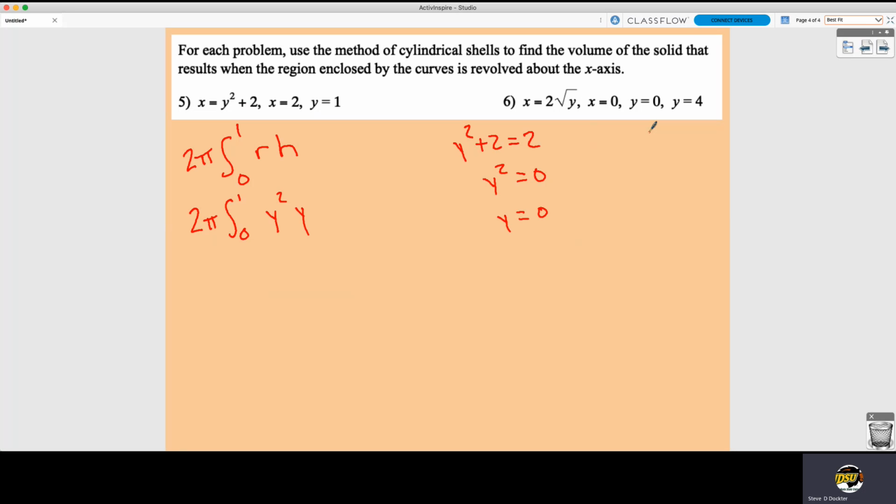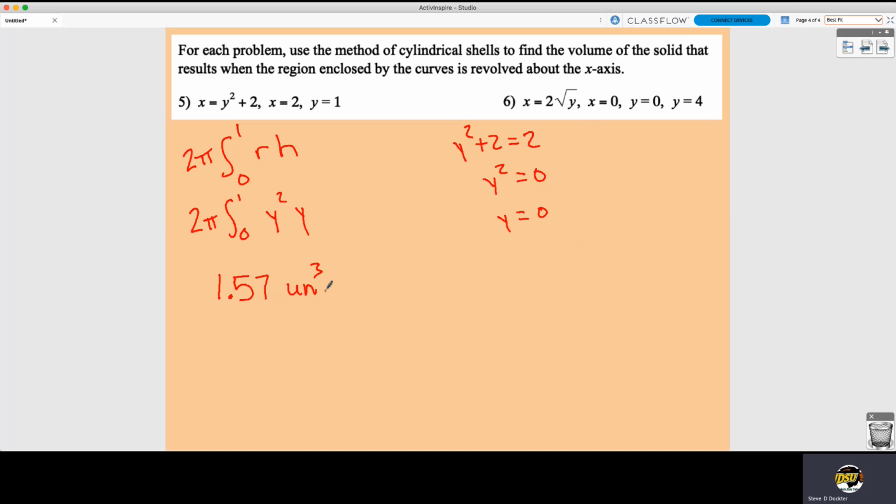So you can put any variable you want in there, just as long as it stays consistent throughout the problem. Carl, what do we get? Or you could just copy Abby's, because chances are Abby's right. 1.57. Abby was correct. There you go.